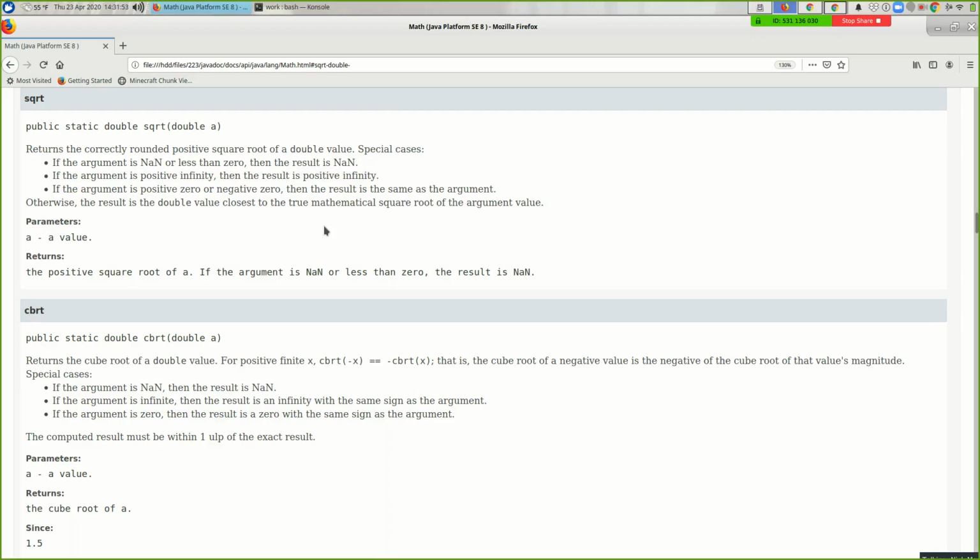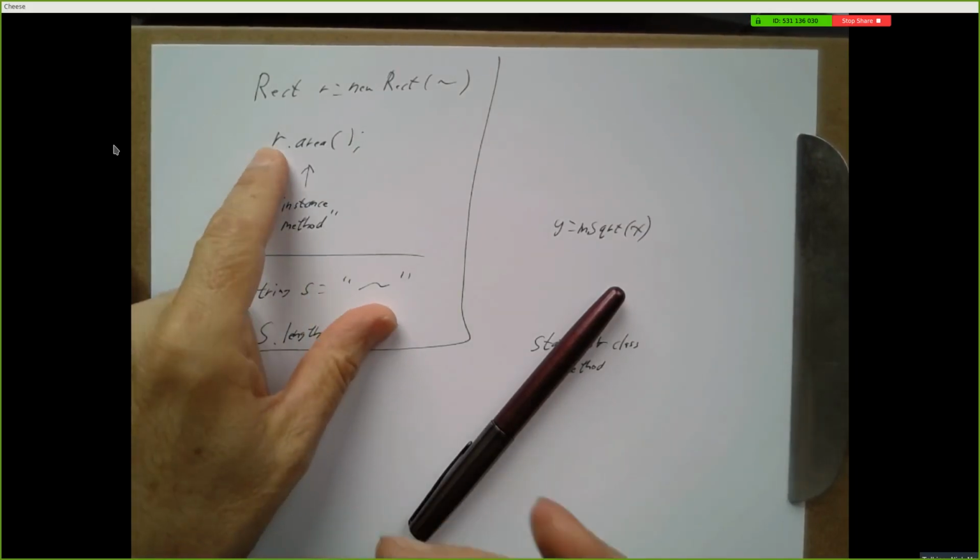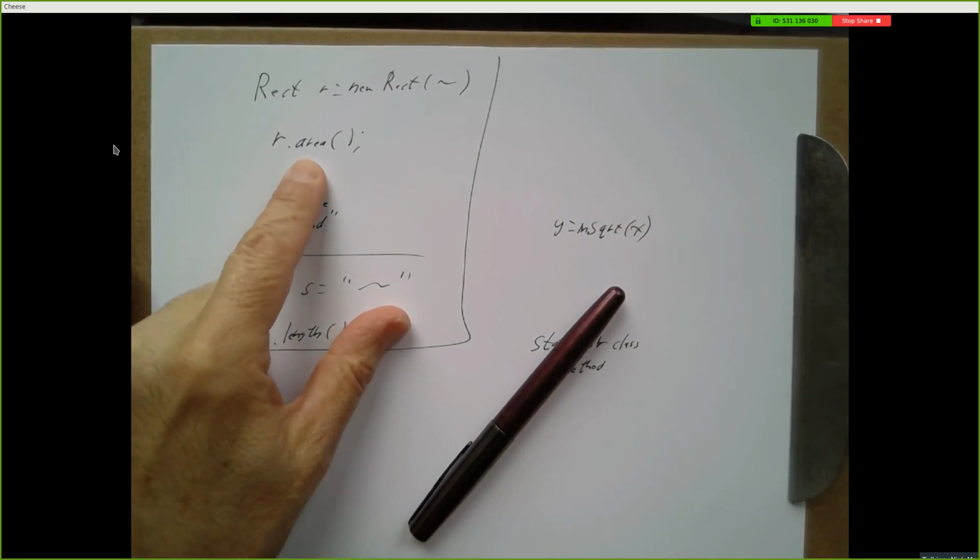And when you look at the documentation, you'll see that square root takes a double, returns a double, but it's defined to be a static method. Okay, what does this mean? If you have a static method, you do not need an instance of the class to run that method. Okay, area, we need to have a rectangle to say rectangle.area.